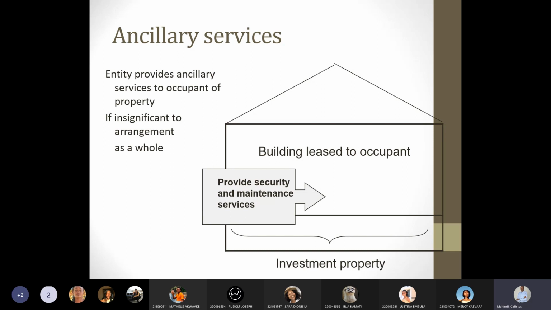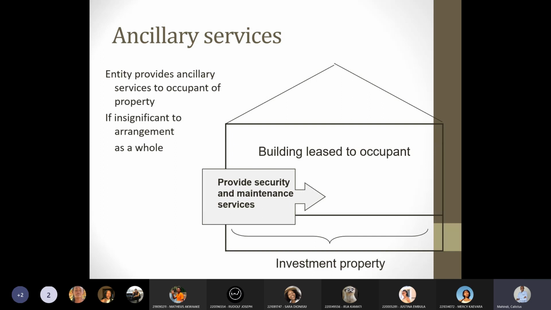If these services are not significant to the arrangement, that whole complex will be classified as investment property, because the main focus of your business is not security services. You're renting out property to different tenants, but you just happen to provide security services to those people that might rent your property.